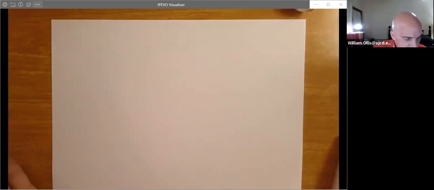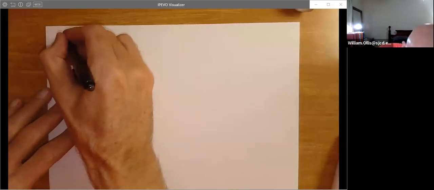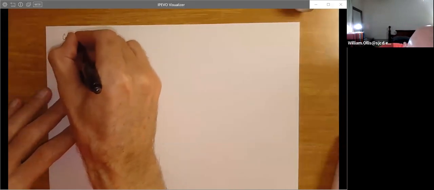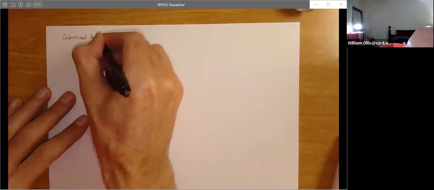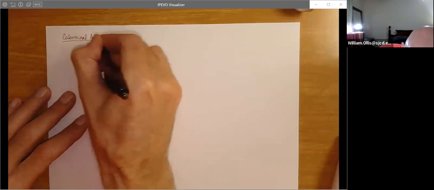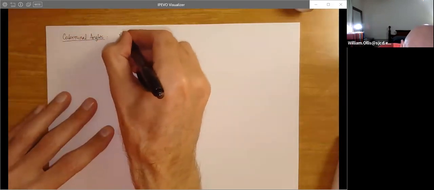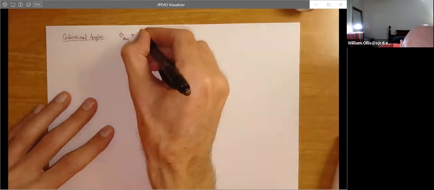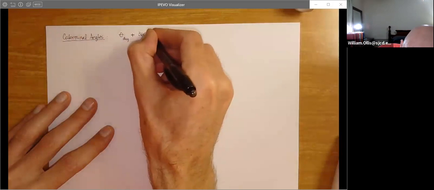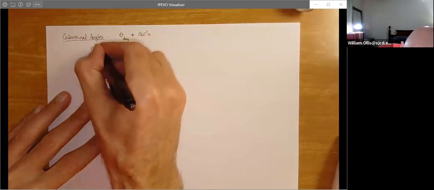Now, what I want to say, when you're writing your coterminal angles, I'll just write out some formulas. You can think of theta in degrees plus 360 times n, where n is an integer.